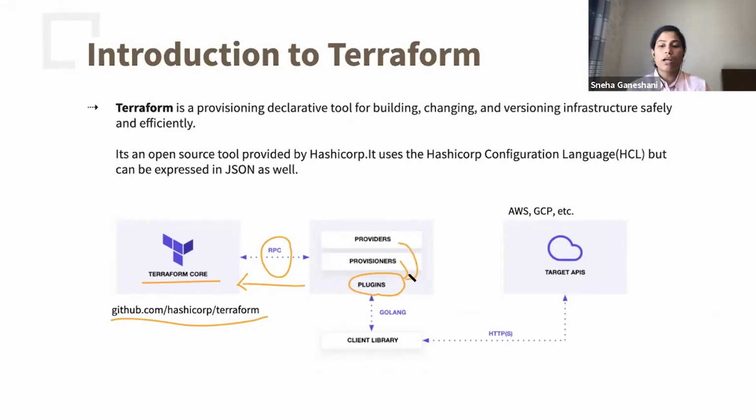Provisioners execute commands or scripts on specific resources after their creation or after they are destroyed. Whereas providers basically refer to a particular cloud provider which you want to manage using Terraform. So providers initialize any library or any other dependencies which are required to make the API call to the cloud provider.